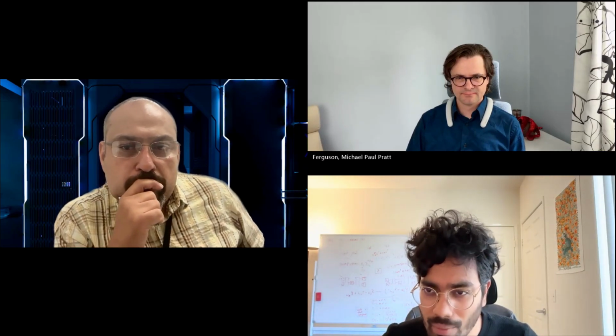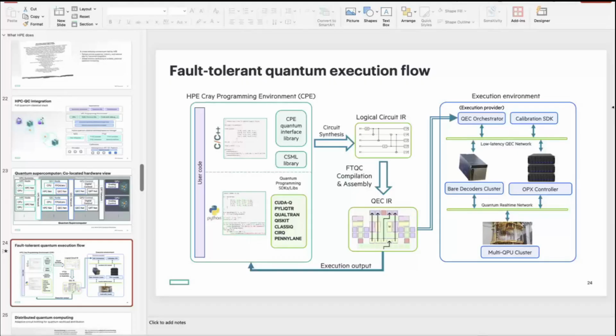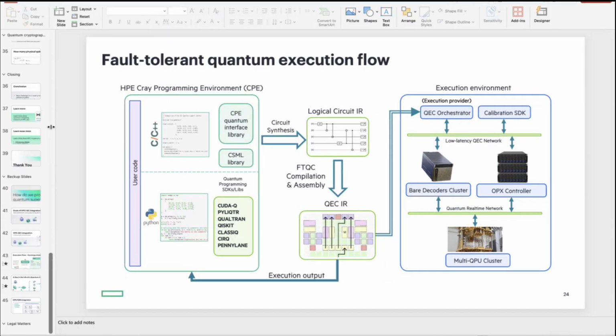Perfect. Okay. So this is an old slide, so let's say not the one that I wanted to show, but I think it'll do the job for now. But I think this is a good sense of how these things actually look like.